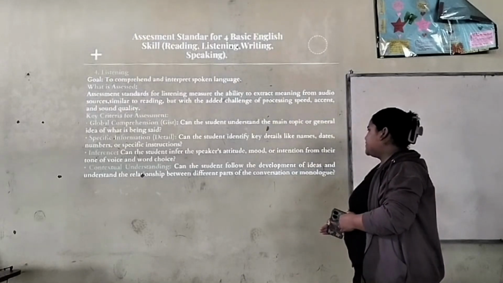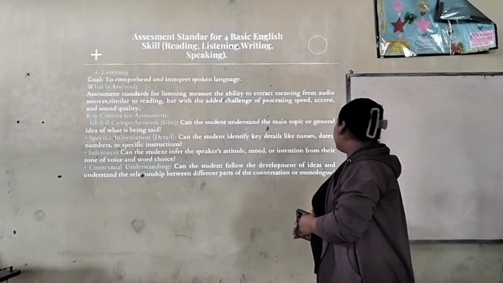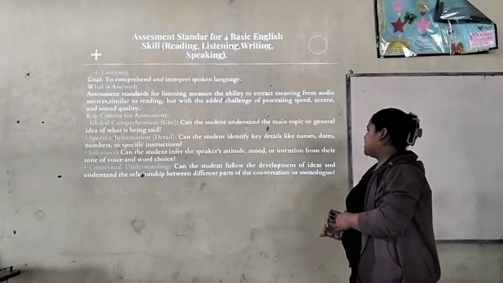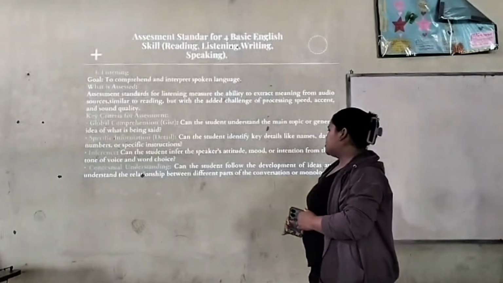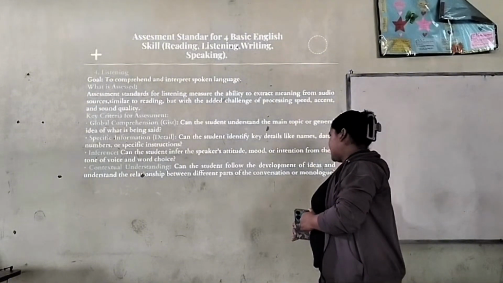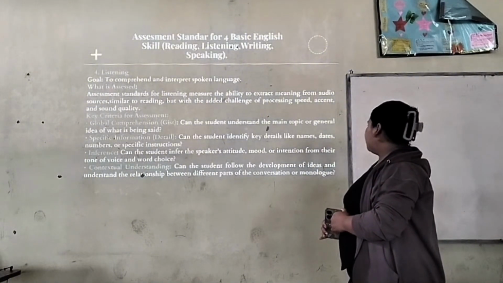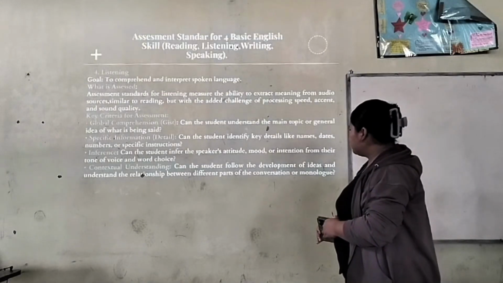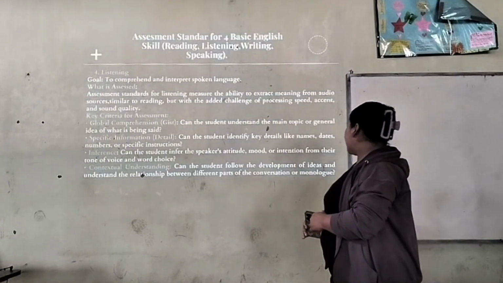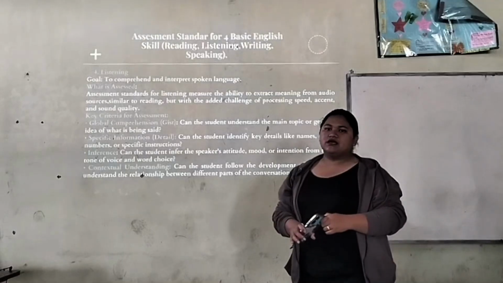Can the student infer the speaker's attitude, mood, or intention from their tone of voice and word choices? And the last is contextual understanding. Can the student follow the development of ideas and understand the relationship between different parts of the conversation or monologue?